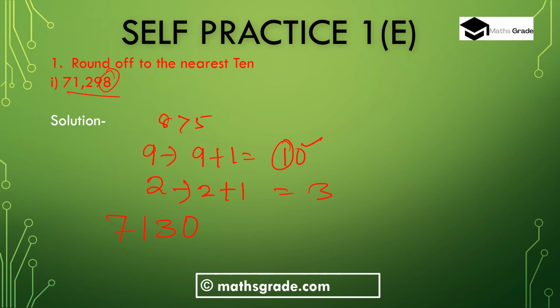So just write down 0, and this 8 in the unit place digit changes to 0. So 71,298 rounded off to the nearest 10 will be 71,300.